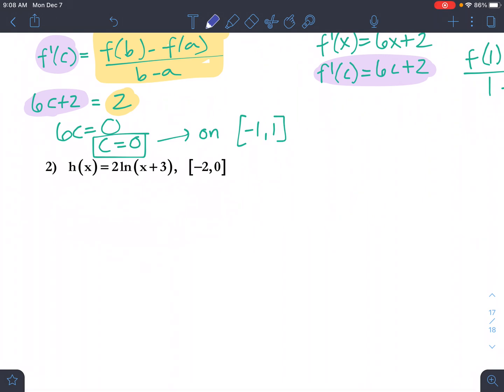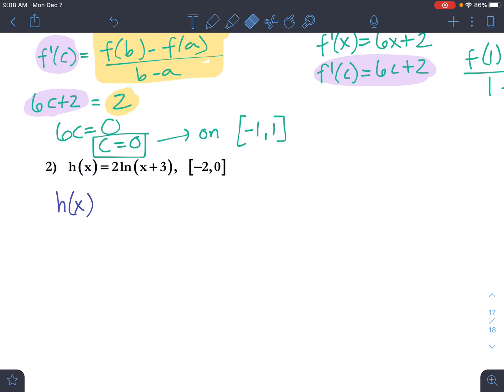Remember, the first thing you want to do is talk about if h of x is continuous and differentiable. Now, from -2 to 0, typically we can't plug in, like I couldn't have natural log of -2. That's undefined. But since we have this plus 3, if I plug in -2, I would get natural log of a positive number. If I plug in -1, -1/2, and 0, all these things would keep this as natural log of a positive.